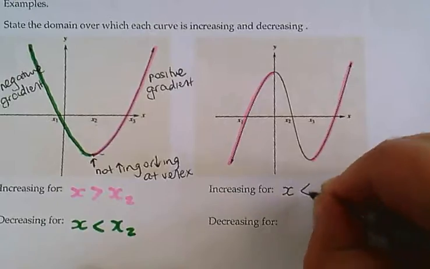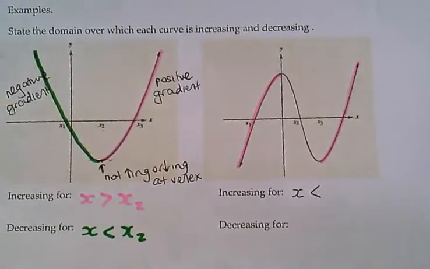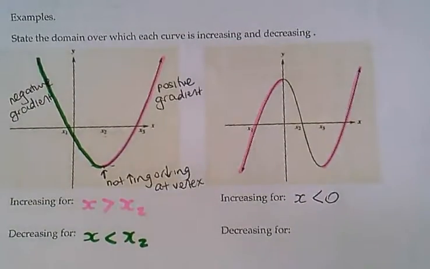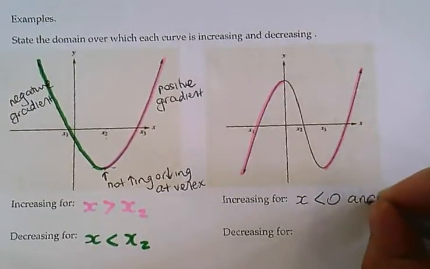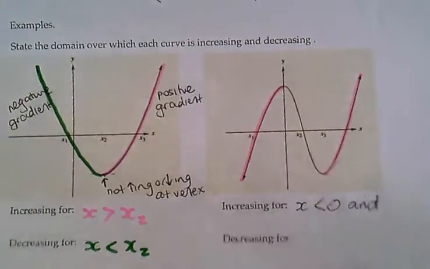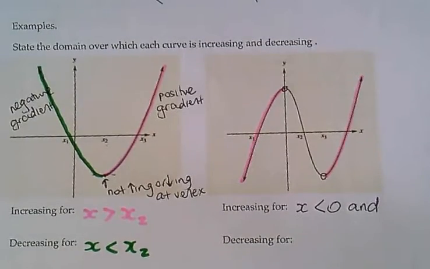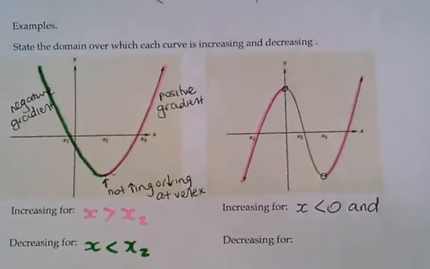X is less than, careful, yes, all values of x less than 0, and can you see that? It's not when x is 0 because that's flat at the top. So I'm going to put little circles, it doesn't include the vertices. What other values?